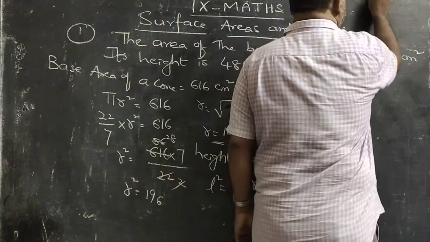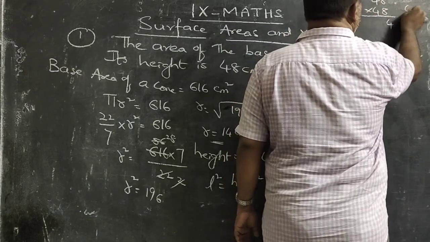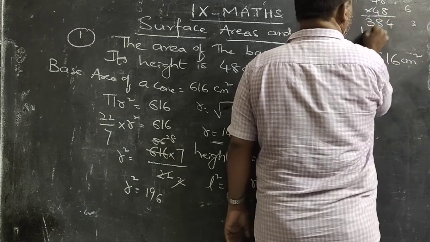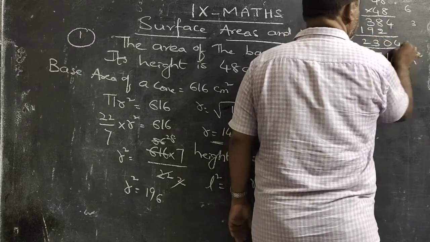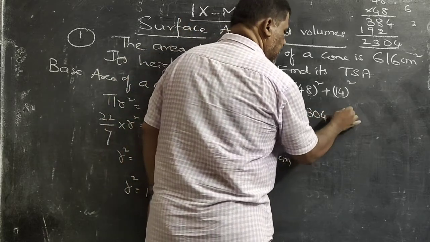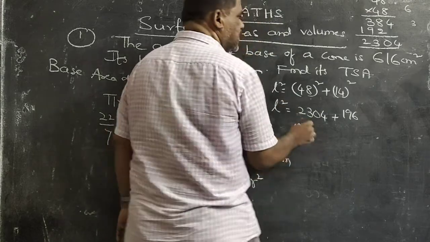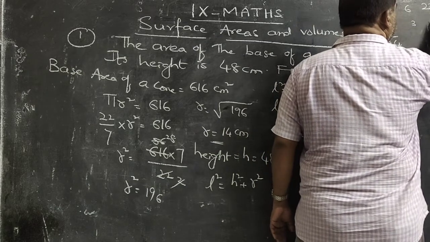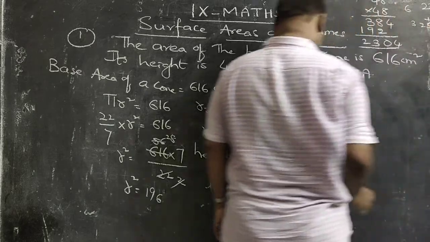Now 48 into 48 is 2304. This is 196. So L square is equal to 2304 plus 196, it is 2500.